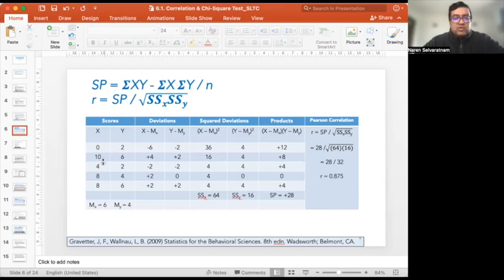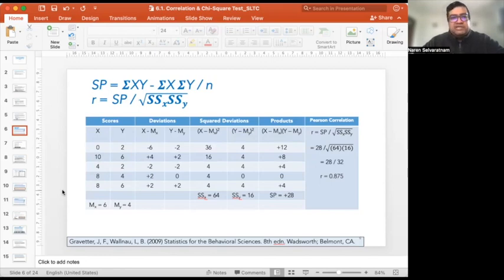This person has a frequency of 10 and a score of 6. This one, frequency is 4, satisfaction is 2. 8, 4, 8, 6. Now, x variable indicates the frequency, y variable indicates satisfaction. Here we have only 5 individuals, so not a larger sample. So, let's try to identify the correlation here.